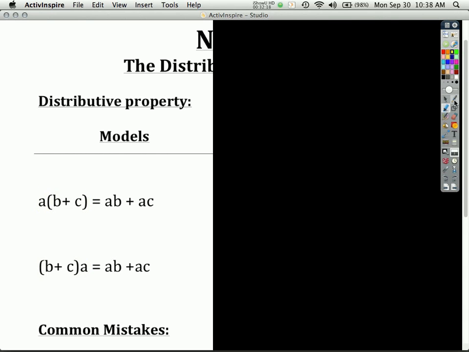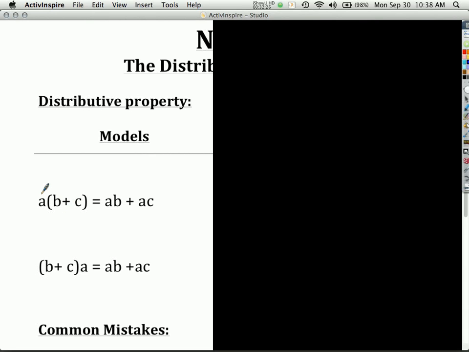If there is a number outside and there's an addition or subtraction problem inside, we take the number outside and multiply it times everything inside. So you're going to be drawing these arrows over and over again today, tonight, for the next 3 months. Each arrow means multiply.